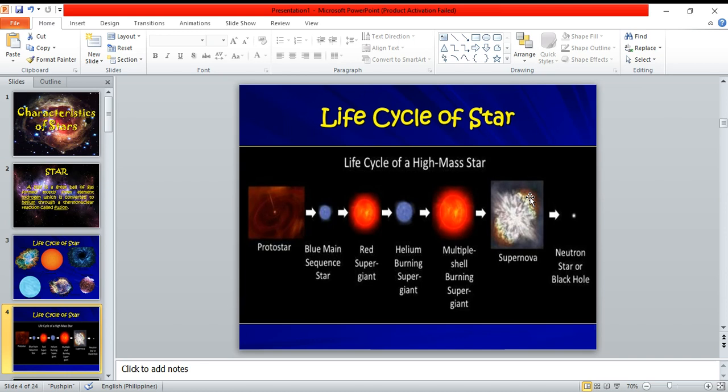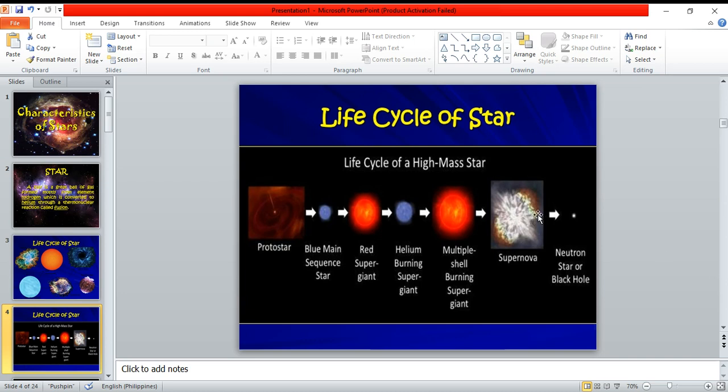In the multiple shell burning supergiant, the advance of nuclear burning proceeds in a series of nested shells. In the supernova, the core collapses in less than a second, causing an explosion called a supernova, in which shock waves blow off the outer layer of the star.